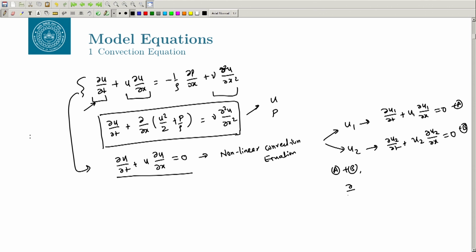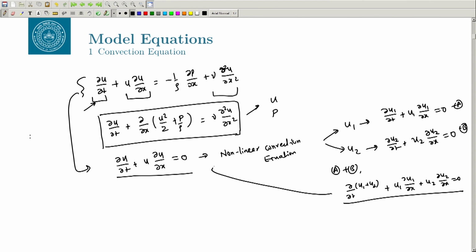If you do that, this is del by del t of u 1 plus u 2 plus u 1 del u 1 by del x plus u 2 del u 2 by del x. It does not satisfy this equation. That is why it is not linear, it is a non-linear equation.